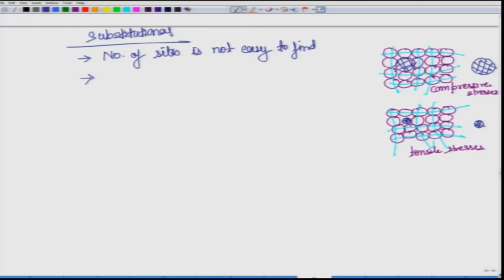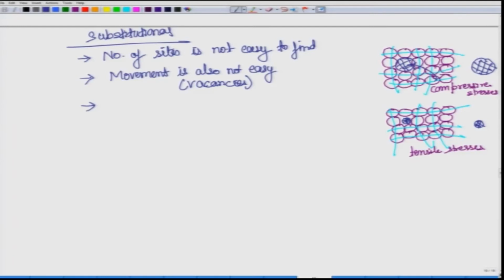Now, it wants to move to somewhere over here, again that is not so easy, for that it wants vacancies. So, movement is also not easy. What you need are vacancies, and vacancies are a very small fraction. So, the probability of finding a vacancy is very small.